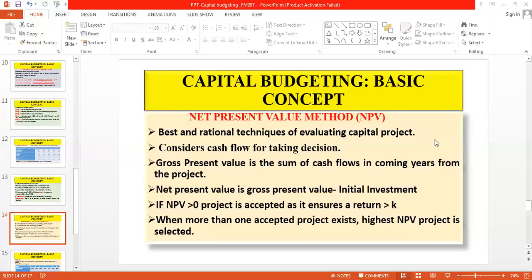So, the discounting rate for calculating present value under the net present value method is the WACC, weighted average cost of capital of the company. It is represented by the symbol K. Therefore, the discounting factor of the nth year is 1 by (1 plus K) to the power n. n means the year after which the cash flow is generated.